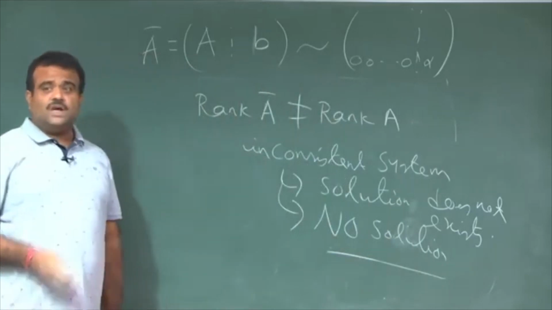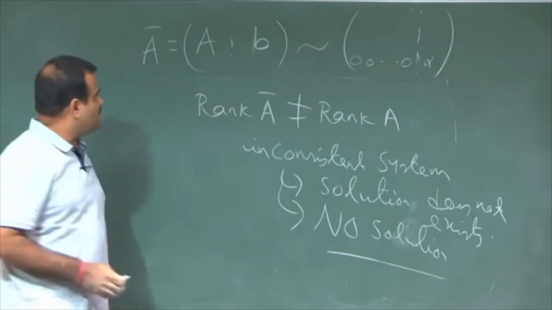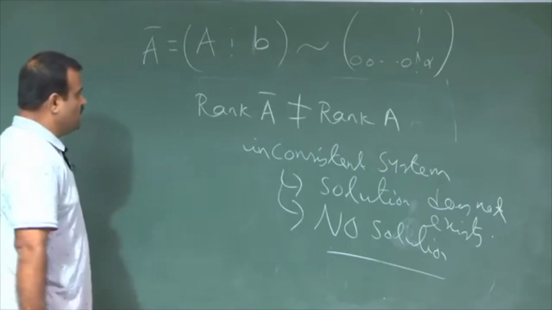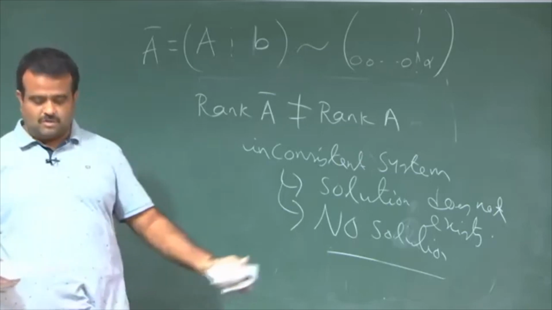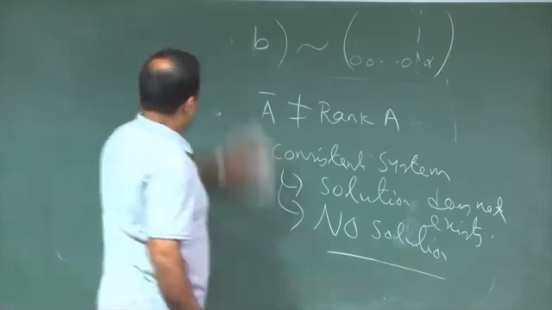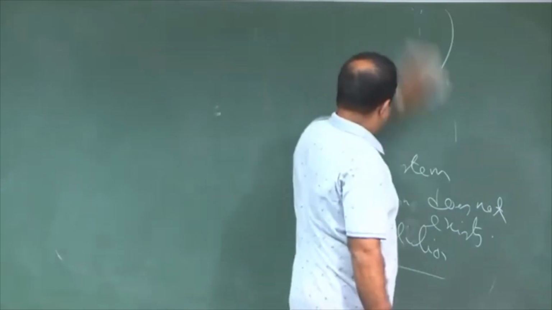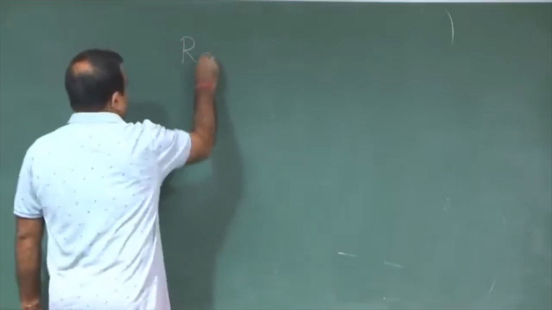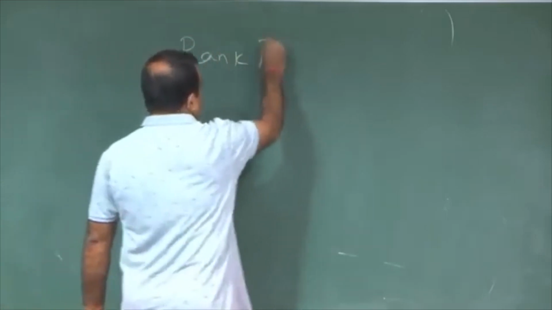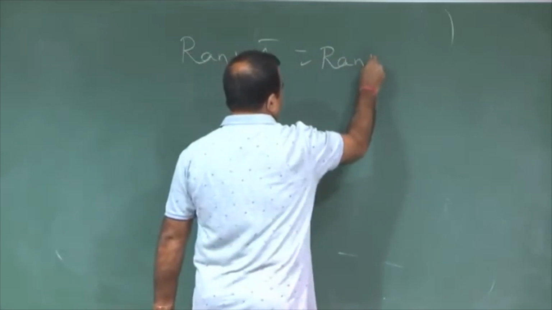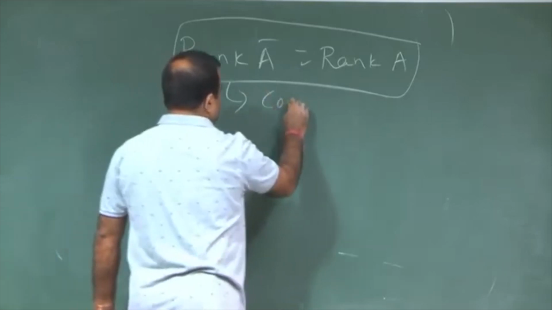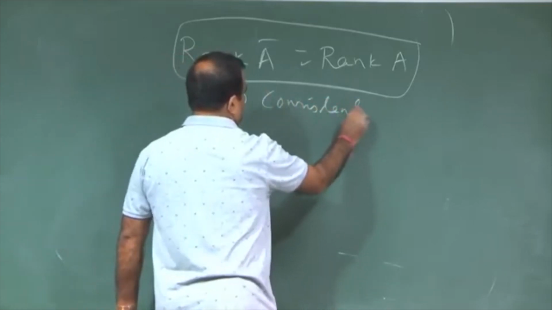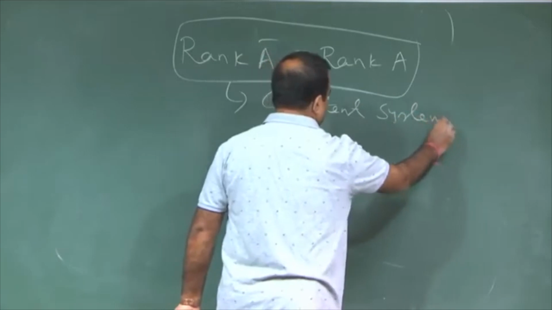So, to have a solution, we need this condition: the rank of the matrix should be the same as the rank of the augmented matrix. Then we have a solution. Now, the question is whether the solution is unique or not, which we will discuss. So, if the rank of A bar is the same as the rank of A, then the system has a solution, and it is called a consistent system of linear equations.